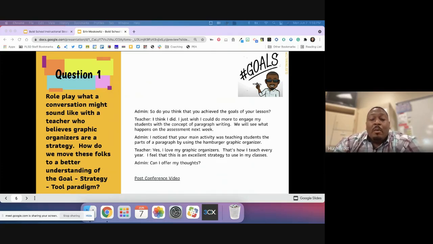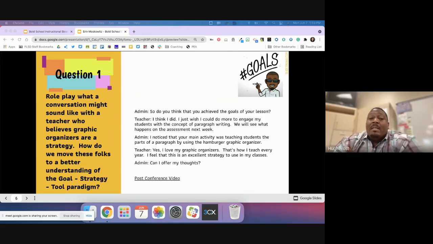So there's a brief statement between an admin and a teacher here, summarizing how a conversation might be. The admin essentially asks, do you think that you've achieved the goals of your lesson? The teacher is concerned, like, I just wish I could engage my students a little bit more. We're working on the concept of paragraph writing, and we're getting an assessment next week.